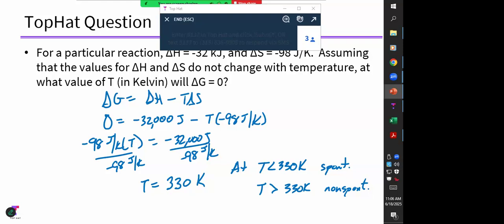That's effectively what that interpretation means. All right, any other questions?